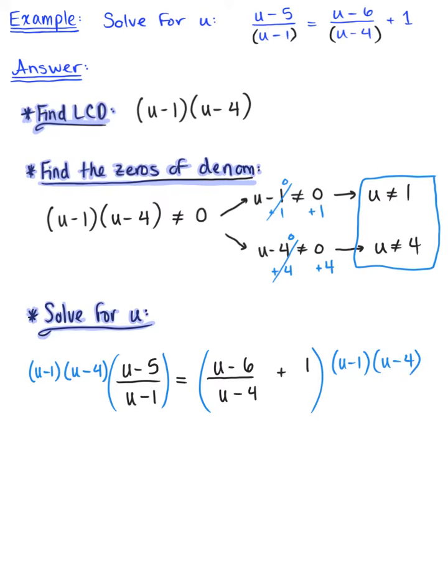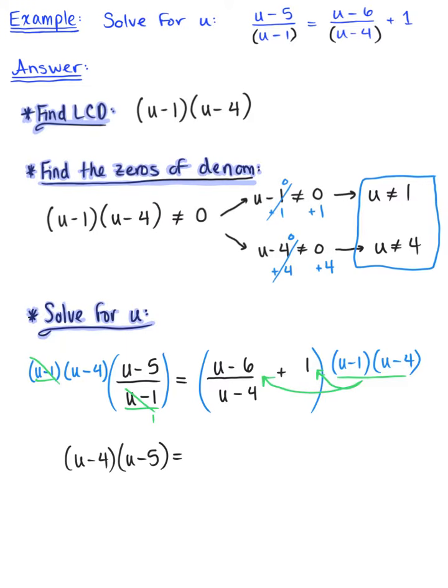Now notice on the left-hand side that we have u minus 1 in the denominator and u minus 1 in the numerator, so those terms will cancel each other out to 1, leaving us with u minus 4 times u minus 5. Now on our right-hand side, we need to take this least common denominator and distribute it through to both terms.